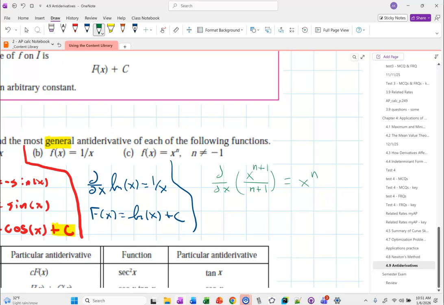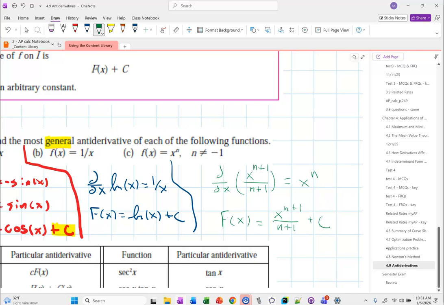So if I multiply this by n plus 1, it needs to then divide by n plus 1, so my coefficient is 1, right? And to take the derivative of a monomial, we subtract 1 from the exponent. So the exponent has to be n plus 1. Is everybody okay with that? So my antiderivative is just going to be x to the n plus 1 over n plus 1 plus c.